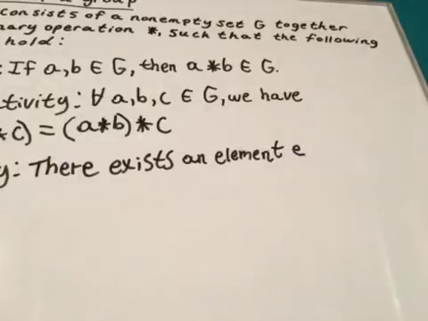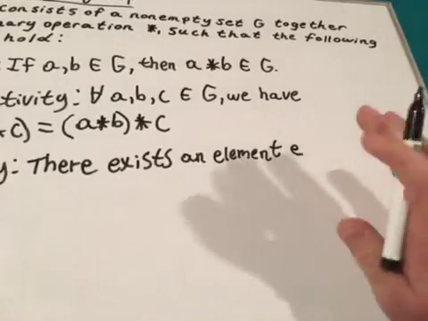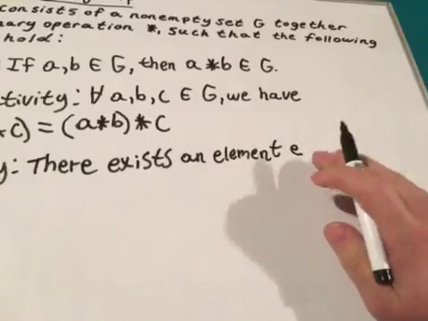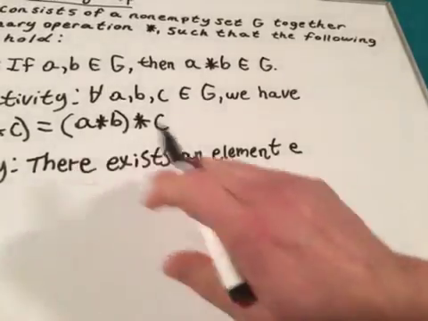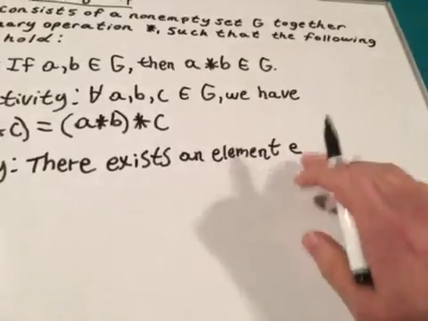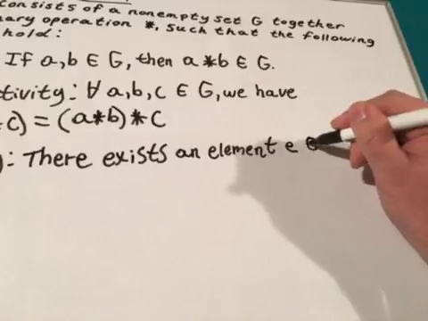You know that E is a number as well, but this is E, the identity. This is not E, 2.718. This is the identity element. So there has to exist an identity element, which we're going to call E, which is an element of G.